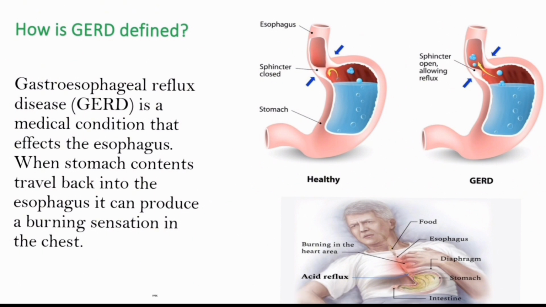And this structure opens to allow food into the stomach and closes to keep the stomach contents from entering the esophagus. Whereas in the pathological esophageal structure, the lower esophageal sphincter relaxes due to some conditions and the stomach acidic content refluxes back in the food pipe called esophagus. And that causes the heartburn or the burning sensation that we feel.